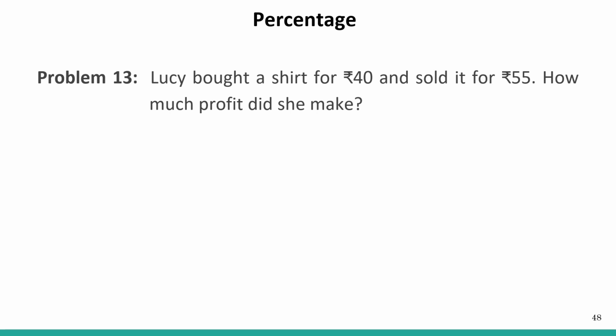Lucky buys a shirt for 40 rupees and sold it for 55. So how much profit percentage did she make? 55 minus 40 whole by 40, into 100, is equal to 15 by 40 into 100.